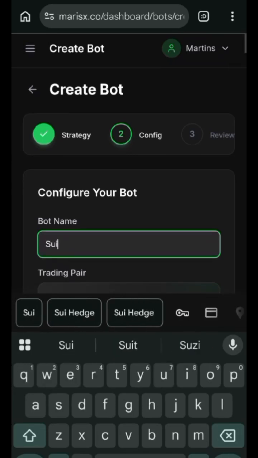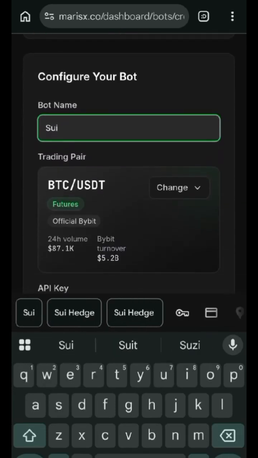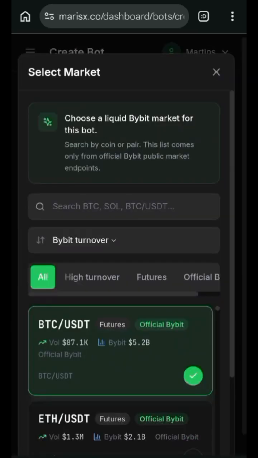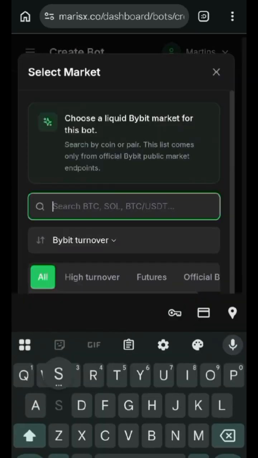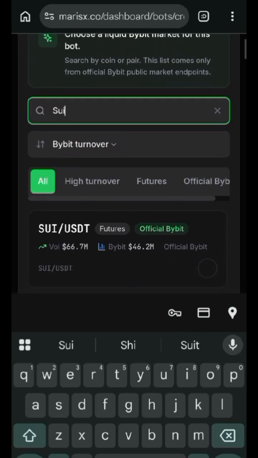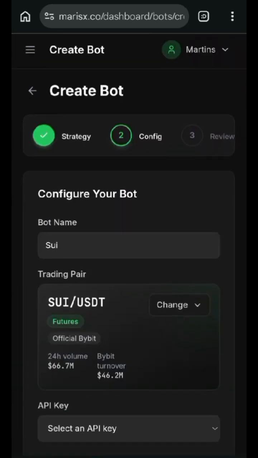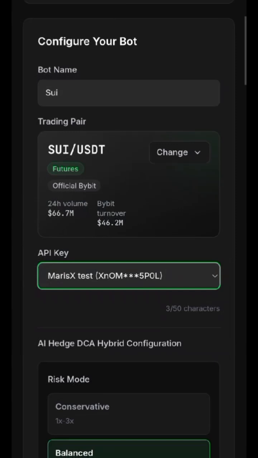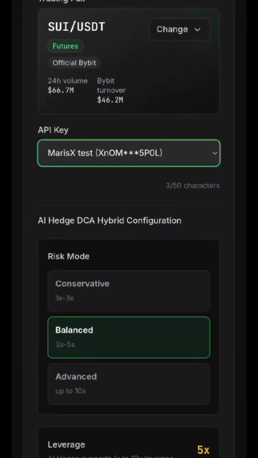All right, so now when you type the coin, you click on where they say change. All right, so click on change and search for SUI. All right, just search for SUI to bring it up. Select the SUI and then select the API and then choose your risk modes.